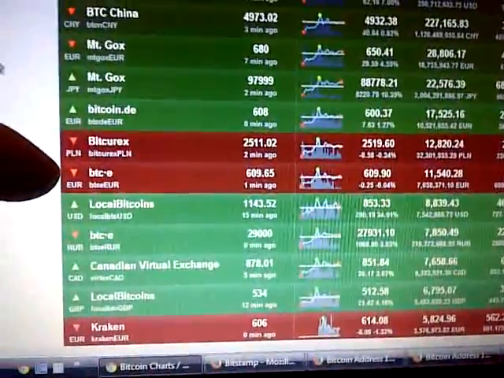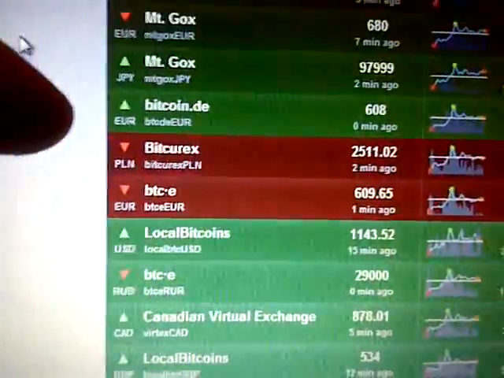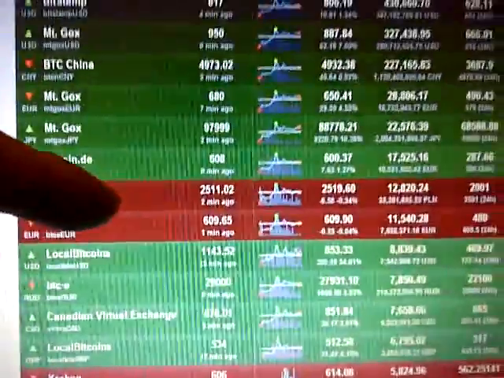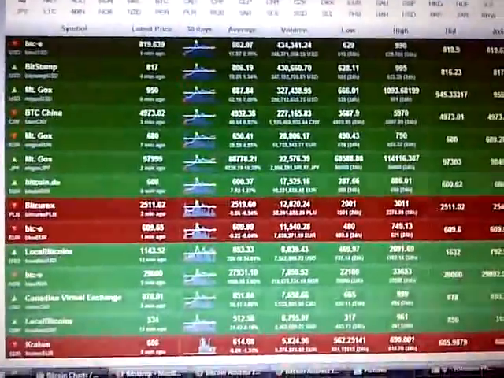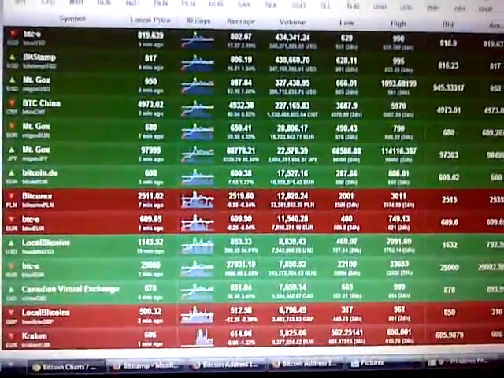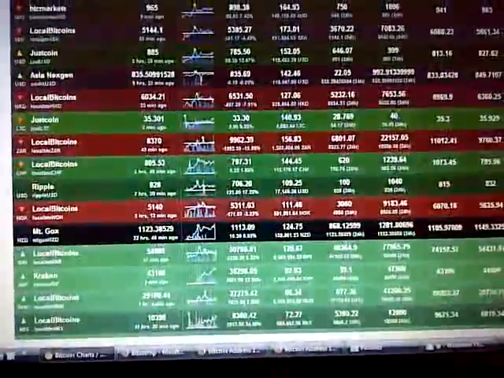So Bitsy Euro, and then whatever this is, I don't even know what currency that is. But the fact that you're looking at all these markets as a whole. Now, last time I didn't remember seeing this many red, but if I scroll down, you're going to see more red. Now, these are smaller markets, but again, when you start seeing more red, all it means is just going below the 30-day average. It doesn't mean they're free falling.